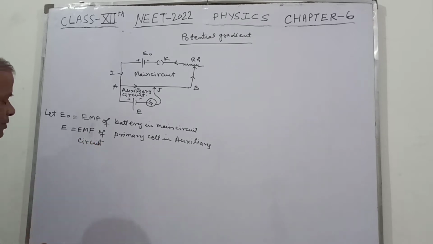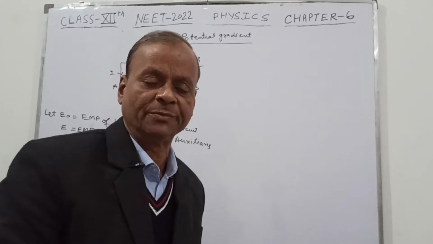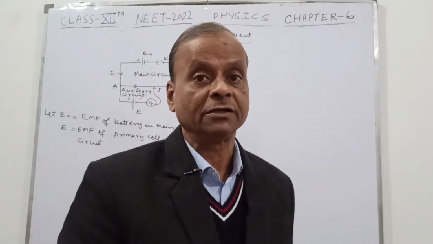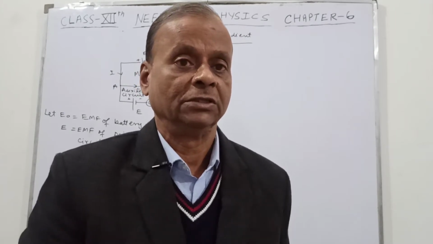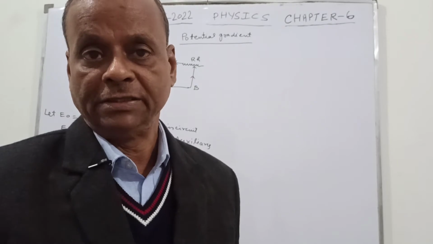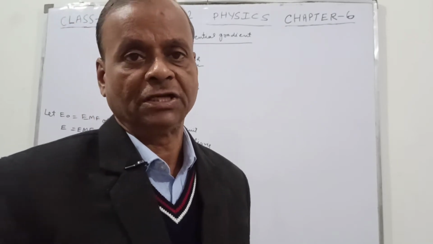So there are always two circuits in the potentiometer, one the main circuit and second the auxiliary circuit. The main circuit never changes. Whatever change you want to measure, that is only in the auxiliary circuit.